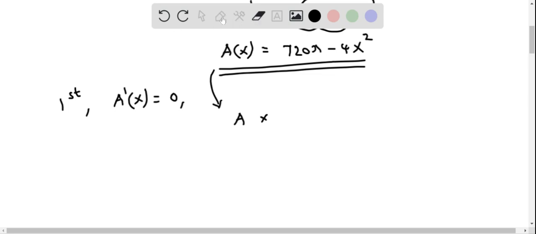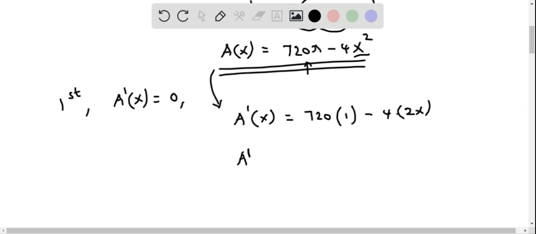The derivative of 720x is the constant 720, and the derivative of x is 1, minus the constant 4, and the derivative of x squared is 2x according to the power rule. So let's simplify this. A prime of x equals 720 minus 4 times 2x, which is 8x.